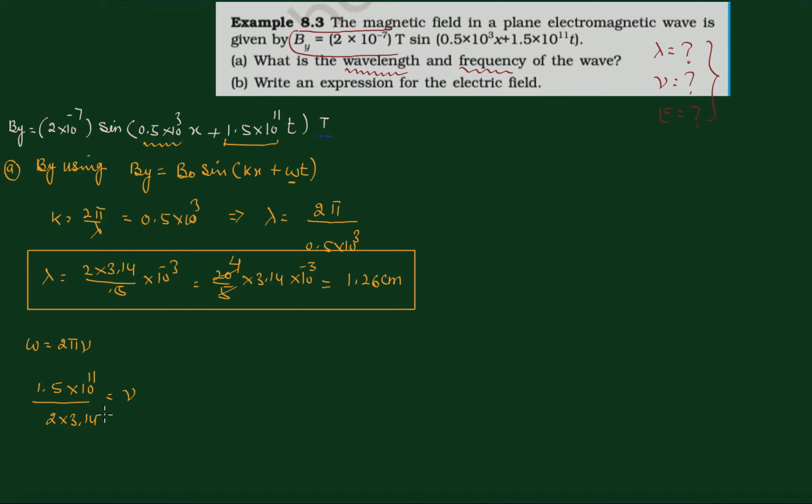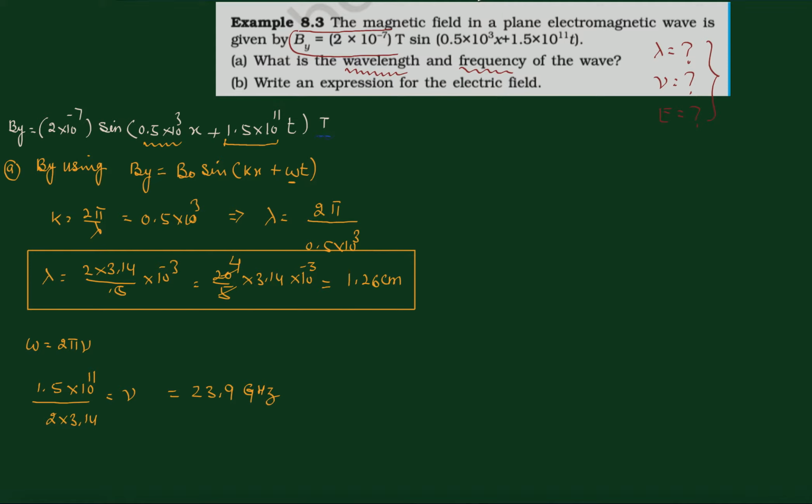If you solve it, you are a +2 student, you can solve this mathematical calculation. This is 23.9 gigahertz. I don't think you will find any difficulty over here.